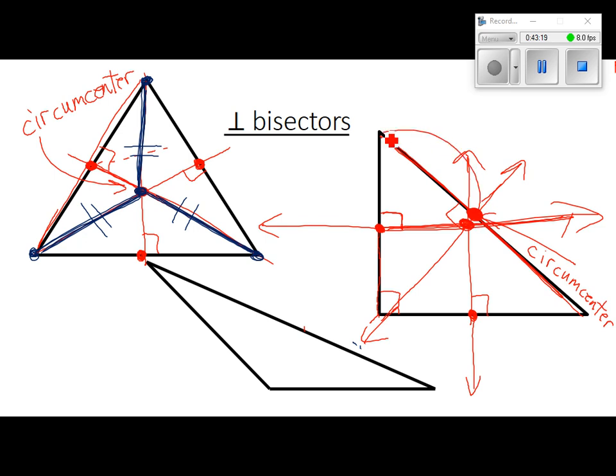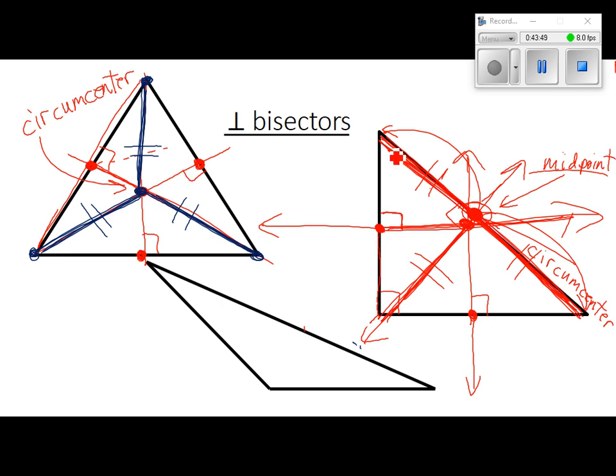It's the same distance from this corner as it is from that corner as it is to this corner. So those three distances, all three have to be the same. If it's a right triangle, it's actually going to be the midpoint. The circumcenter is going to be the midpoint of, what's this side called in a right triangle? A hypotenuse.